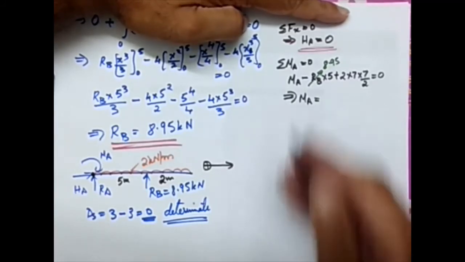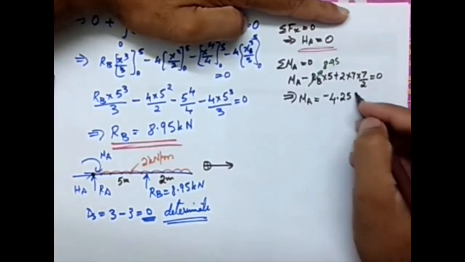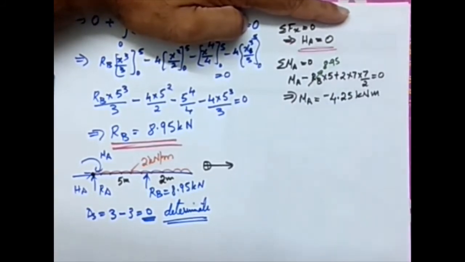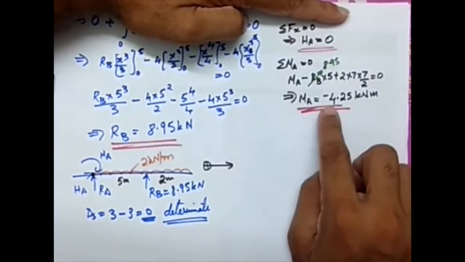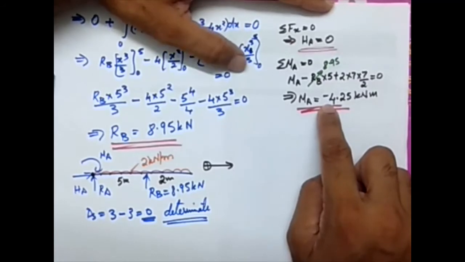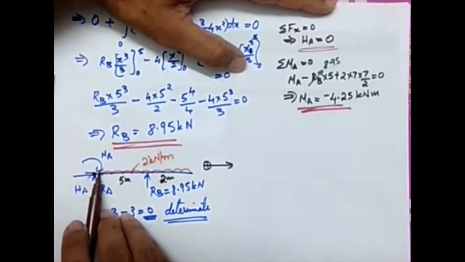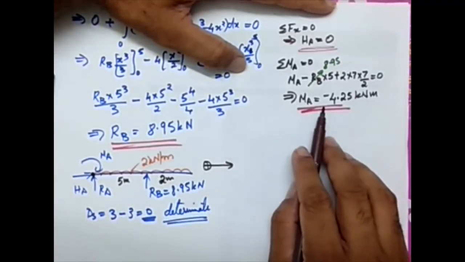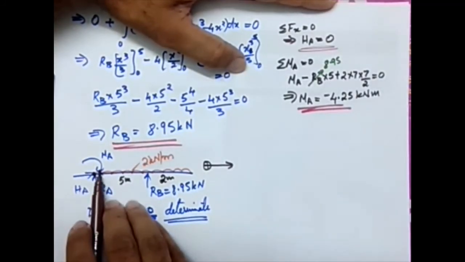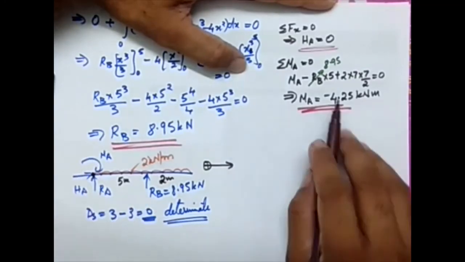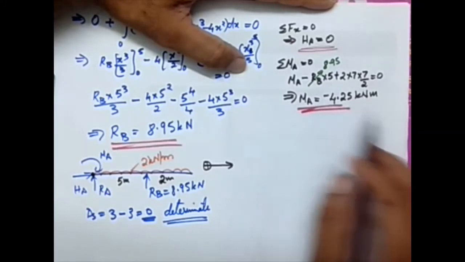So what we are going to get is minus 4.25 kilonewton meter. And what does this minus signify? Minus signifies that the direction we assumed for MA was clockwise, and when we got negative, it means that in reality, the direction of MA is not clockwise, it is anti-clockwise. That's the meaning of this negative term.